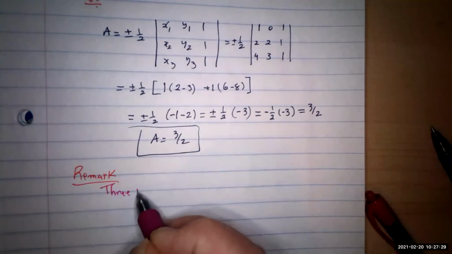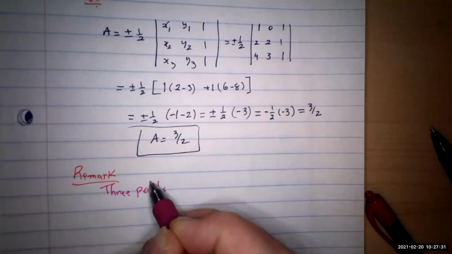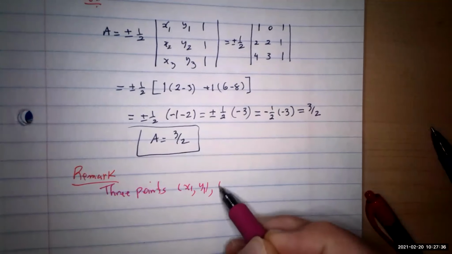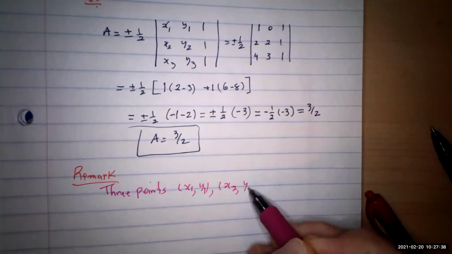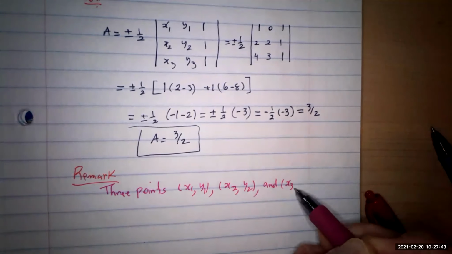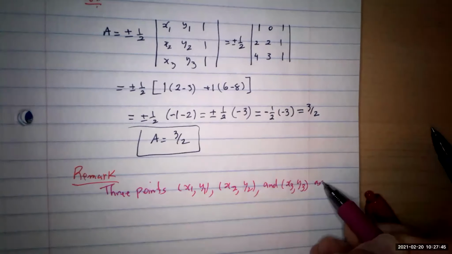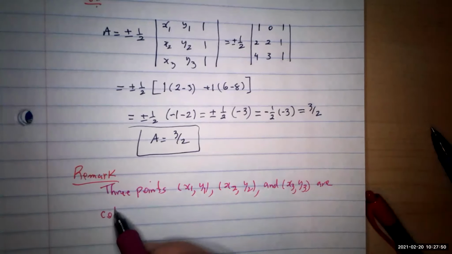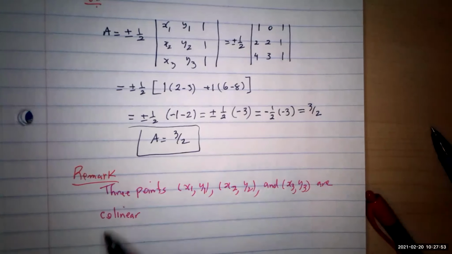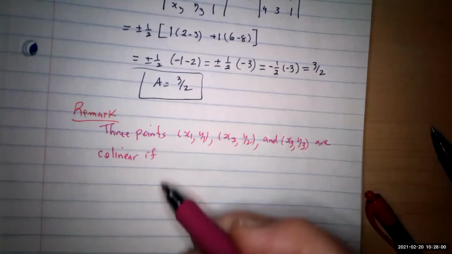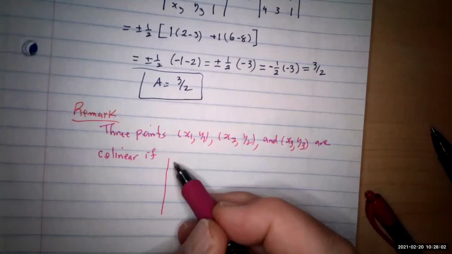So three points, x1, y1, x2, y2, and x3, y3 are collinear, means they lie on the same line. Collinear if this determinant is 0. They don't form a triangle, so that area part must be 0.